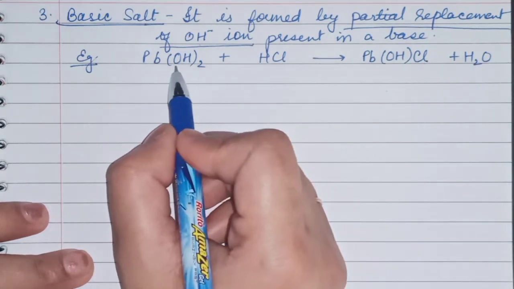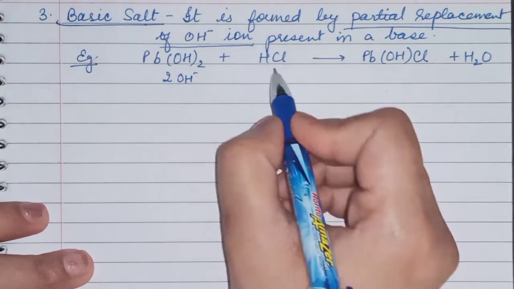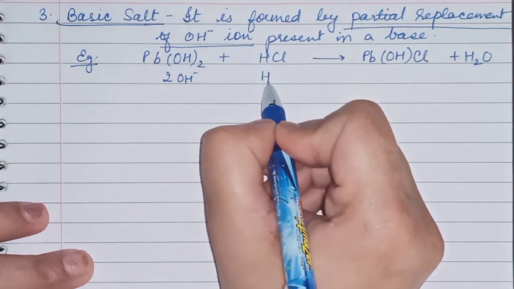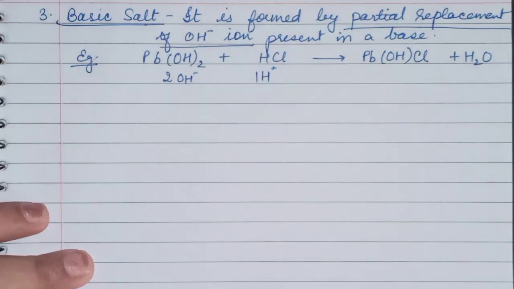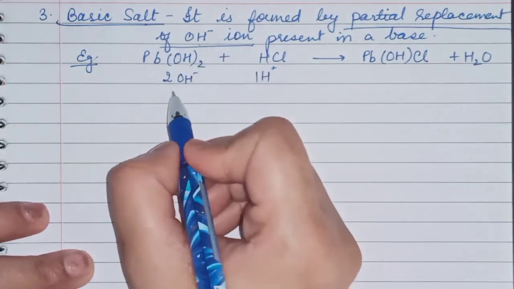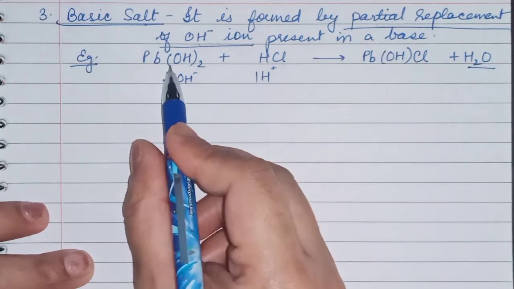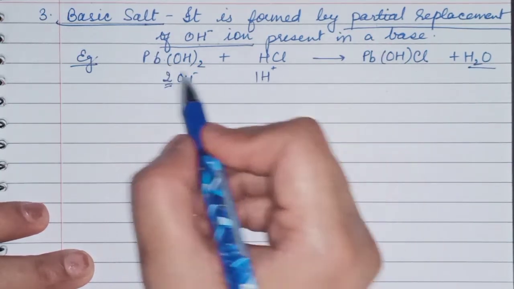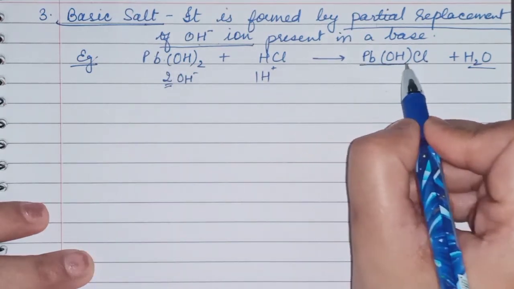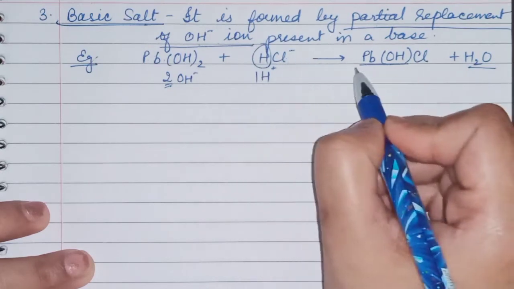Now see, how many OH ions are there? 2 OH minus ions are present, and how many H plus? 1. Now there is partial replacement of OH minus ion. So out of 2, only 1 will form water and 1 will remain here with lead.